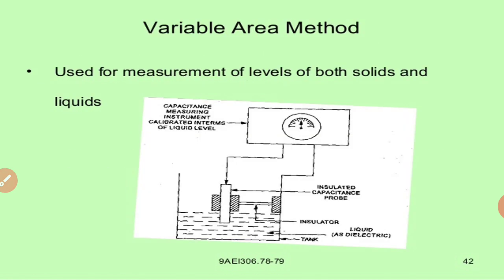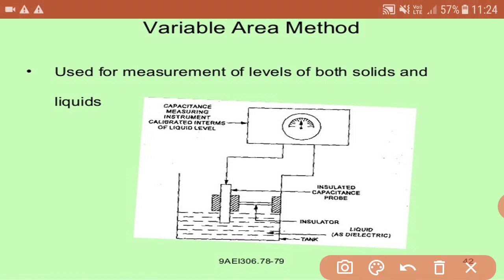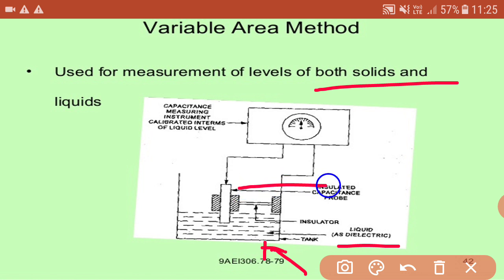Now, the first method we will see is the variable area method. It is used for measurement of levels of both solids and liquids. Here we can see the figure. There is one tank, and liquid is filled in this tank as a dielectric, and in this tank there is an insulated capacitance probe.